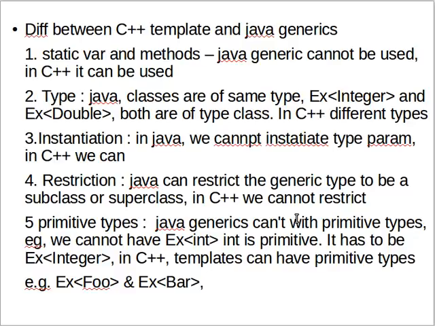Although there is a static variable in Example, there will be two instances of this static variable, one for Example Foo and another for Example Bar. So it will not be like Java, where there is only a single instance of the static variable. So these are a couple of differences between them.